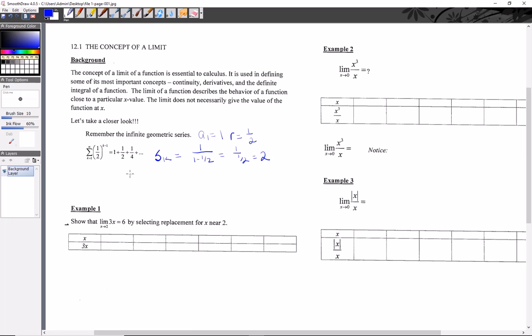So now we're going to change the notation a little bit, and we say that the limit as k approaches infinity of this particular sum is going to equal 2.